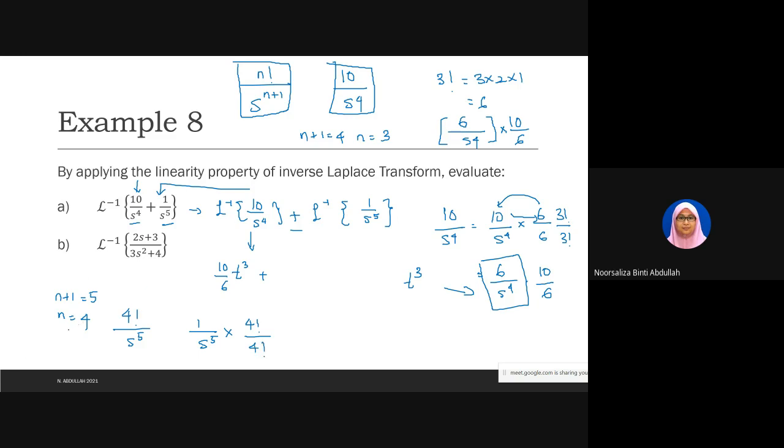Then you get here 1 over 4 factorial, 4 factorial over s kuasa 5. Then your inverse is 1 over 4 factorial, and it's actually equal to 1 over 4 factorial t kuasa 4.